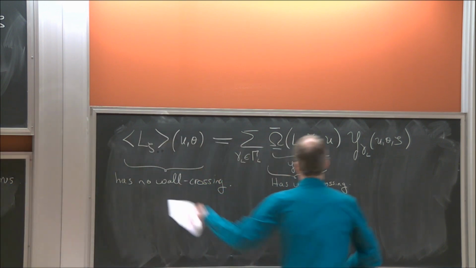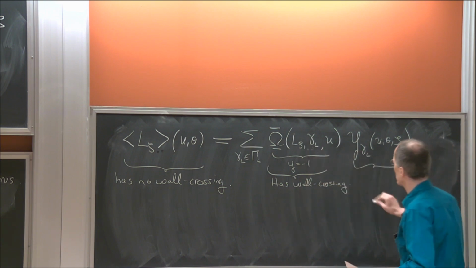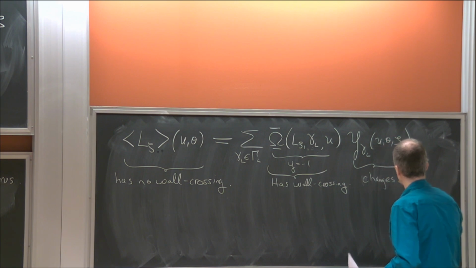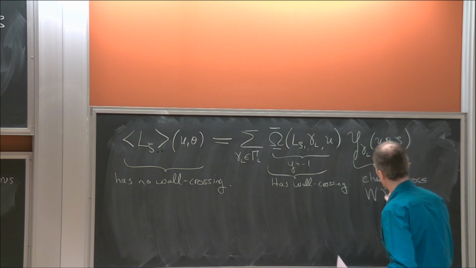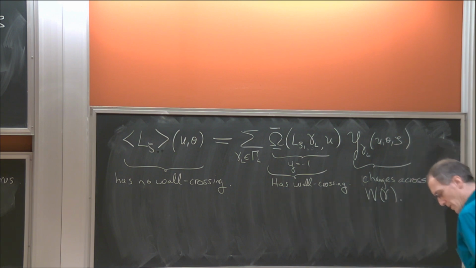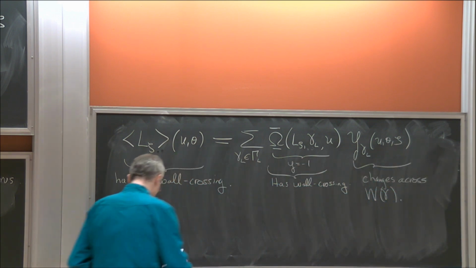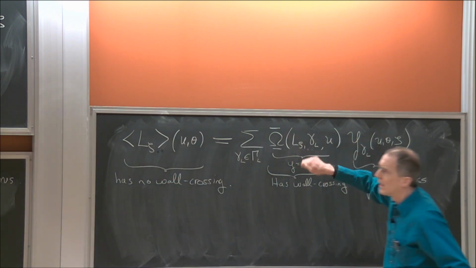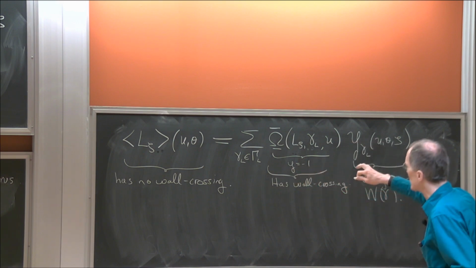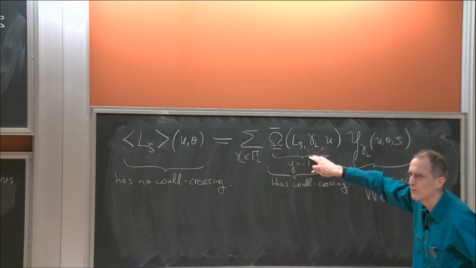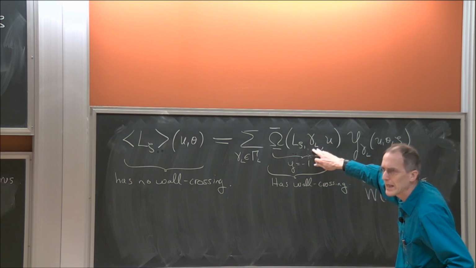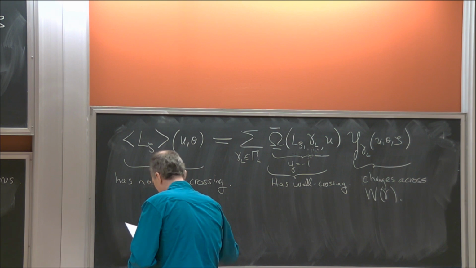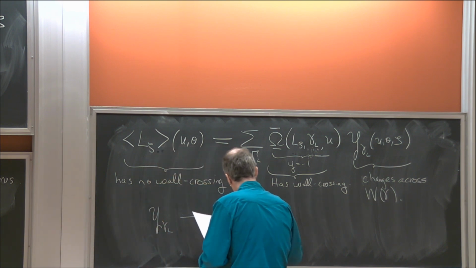So if this has no wallcrossing and this has wallcrossing, this must change discontinuously across K-walls. OK, so what's the change? Well, by thinking carefully about the halo picture for the states that come and go, and what that says about the variation of this omega, you deduce that y sub gamma L goes to 1 plus sigma gamma y gamma.